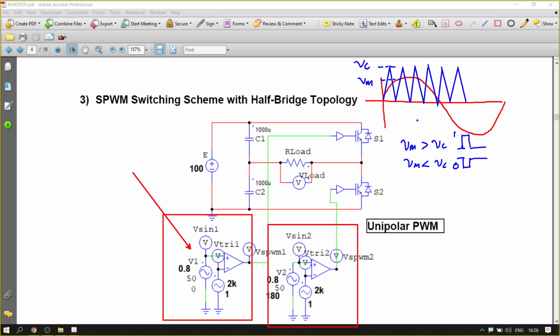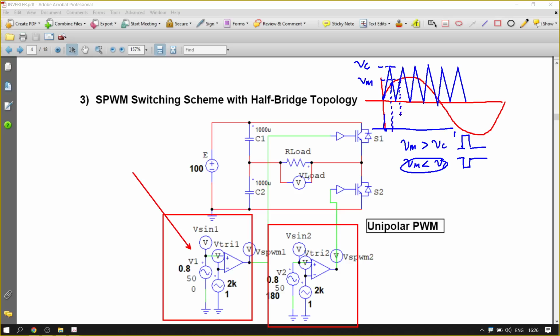Okay. So, kalau you tengok sini, daripada sini, zoom balik. Kalau daripada sini ke sini, VM is lower than VC. So dia punya pulse tu is actually at 0 level until dekat sini, sampai sini, isn't it?